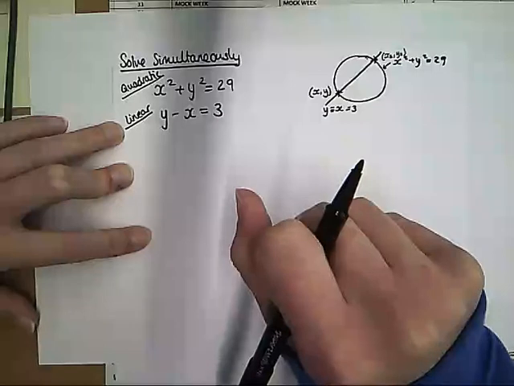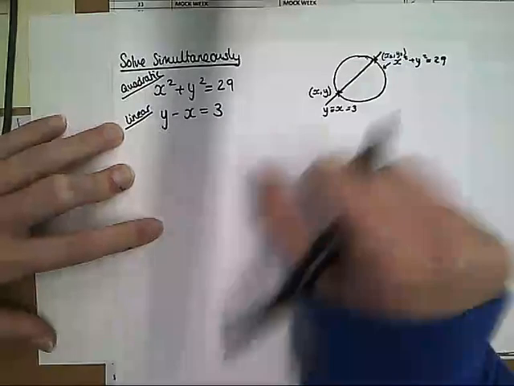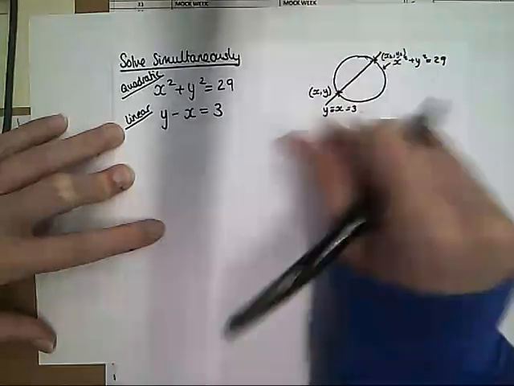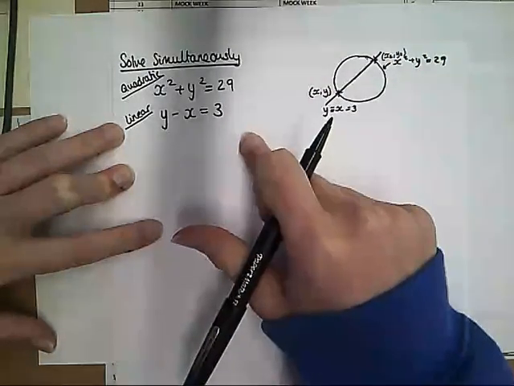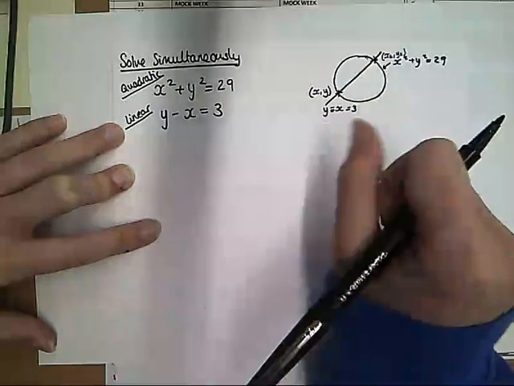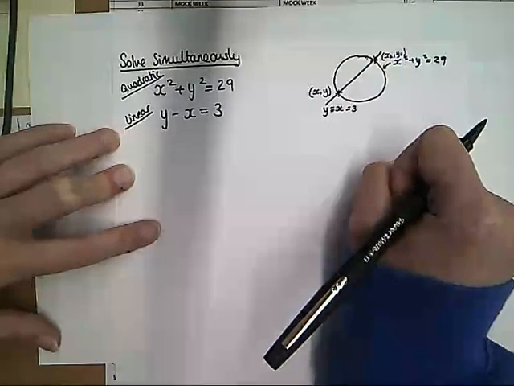Don't worry if this bit doesn't make sense to you. That's not as important as being able to actually solve them, but it helps you understand the point of a simultaneous equation.